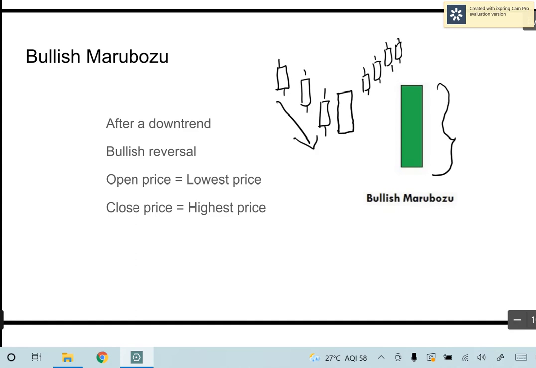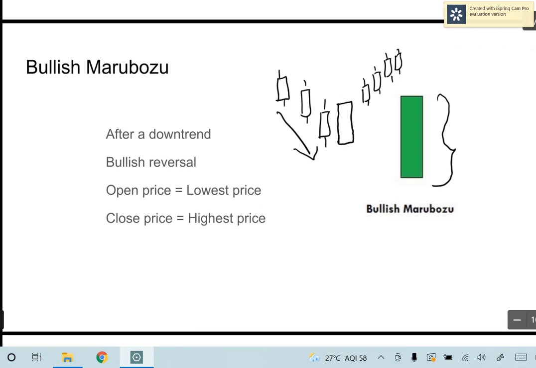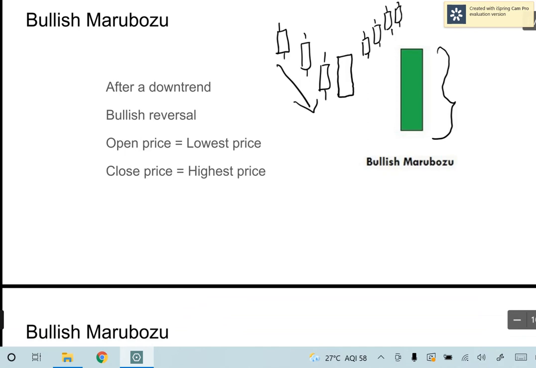This bullish Marubozu candle indicates that the trend is going to change from the current trend to the opposite trend. That is, after that downtrend, when the bullish Marubozu candle occurs, it will change the current trend from downtrend to uptrend.